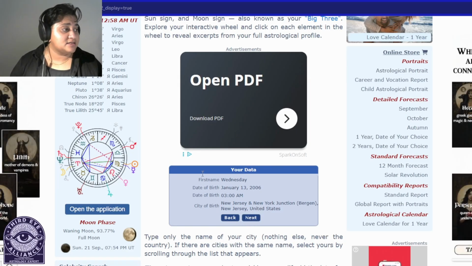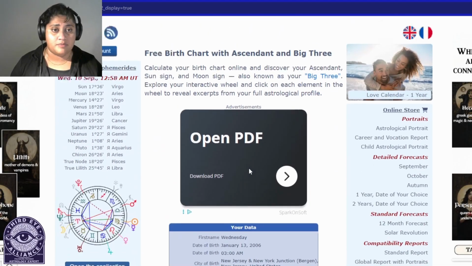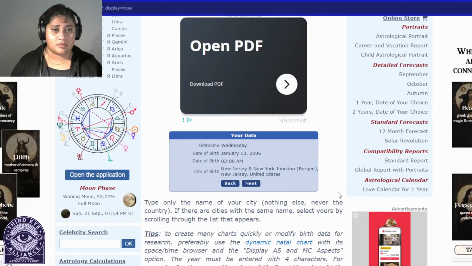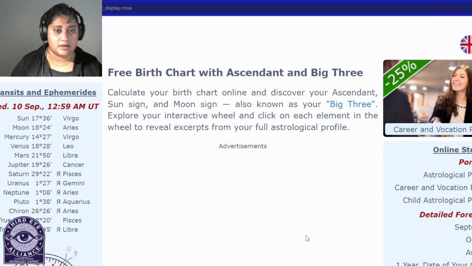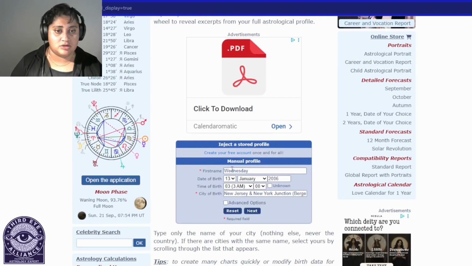We clicked on next. This is the page that will come up. And if you want to change anything here, you can click back, right? And it'll take you back, and you'll see all the information still populated, okay?